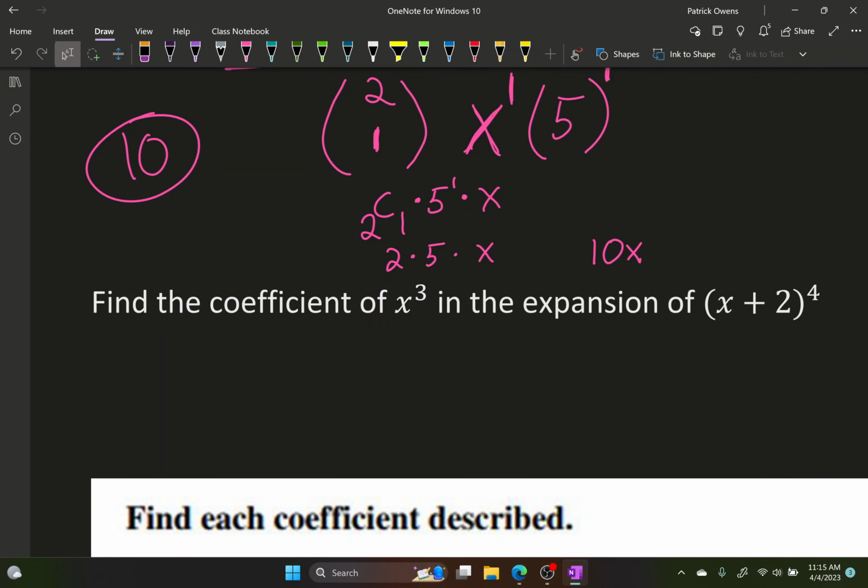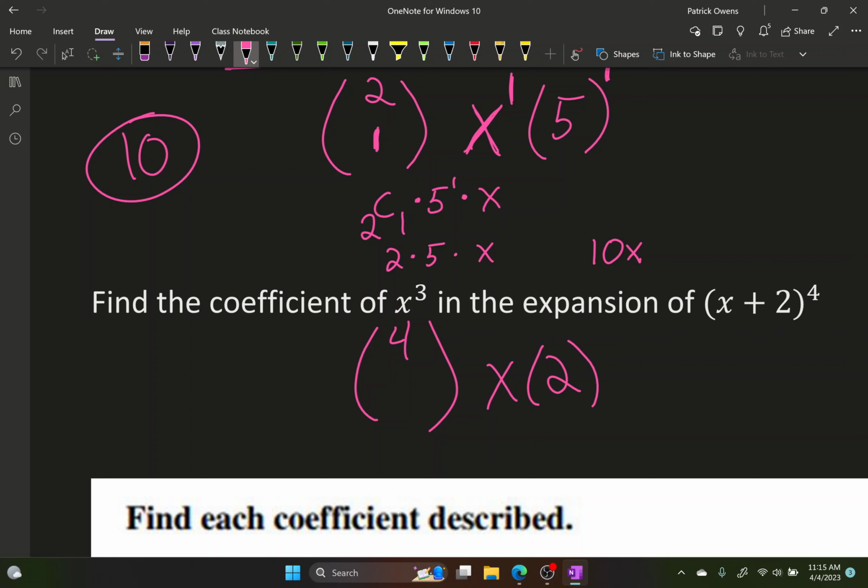Find the coefficient of x cubed in the expansion of x plus 2 quantity to the fourth. So we set up our combination, right? Because this is going to be 4c something, whatever our k value ends up being. And then we have x to some power and then 2 to some power, that they are all being multiplied.